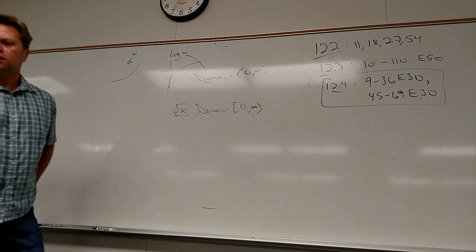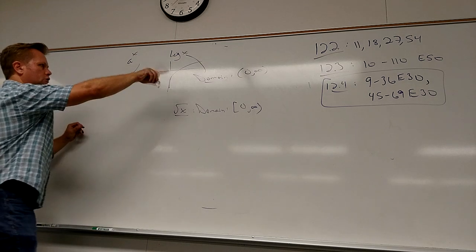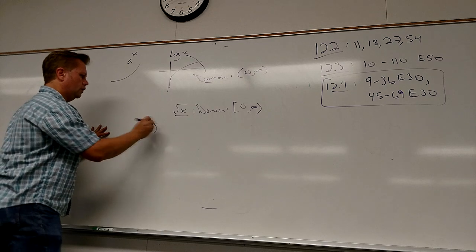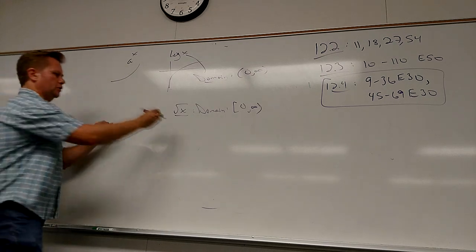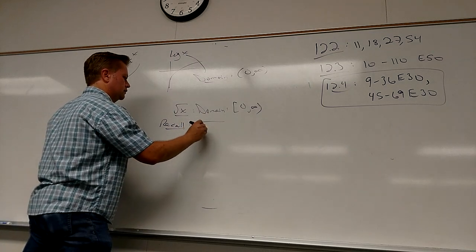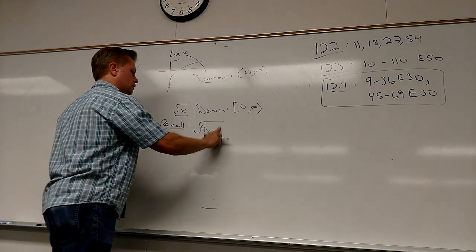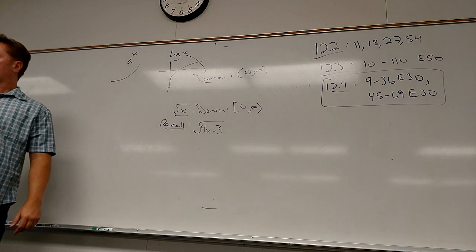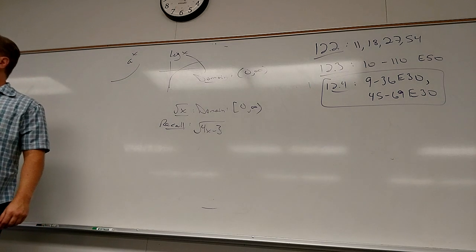So just look at the log one first, since that's what I'm kind of doing here. Part B there. Do you recall, how would I find the domain of this? Greater than or equal to 0. The square?